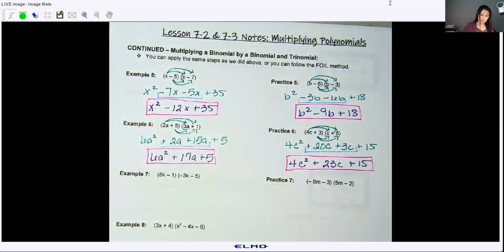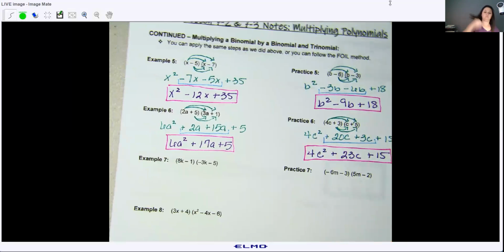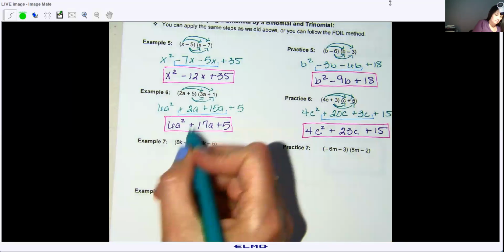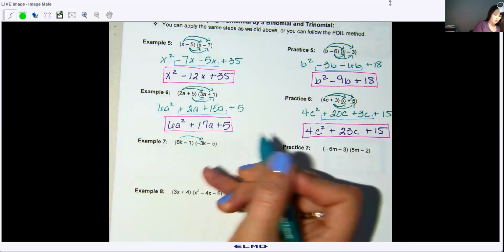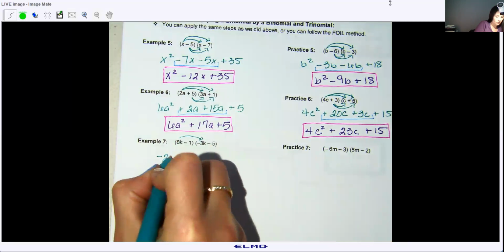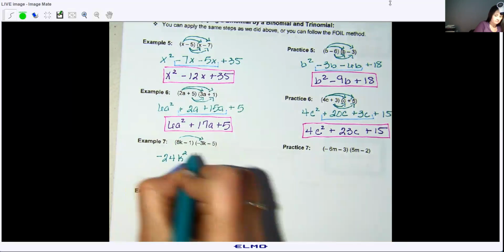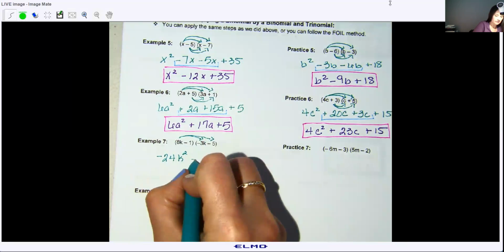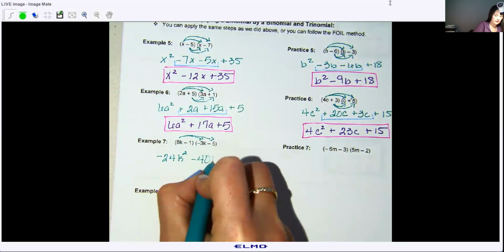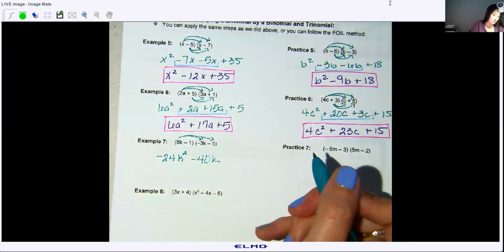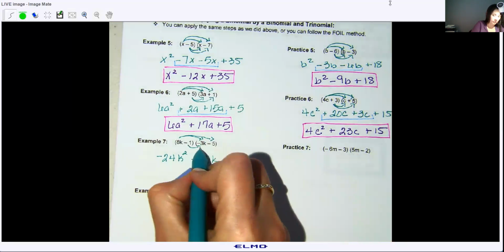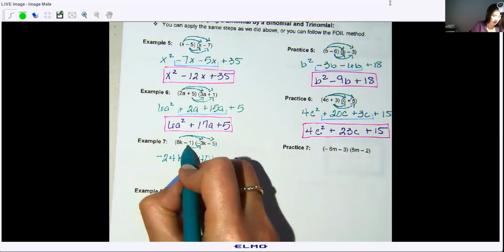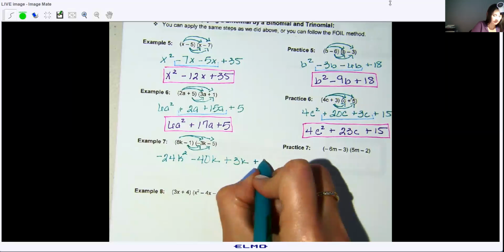Okay, now we're going to do some problems with subtraction. 8k times a negative 3k is a negative 24k squared. 8k times a negative 5 is a negative 40k. Negative 1 times negative 3 is a positive 3k. And negative 1 times a negative 5 is a positive 5.